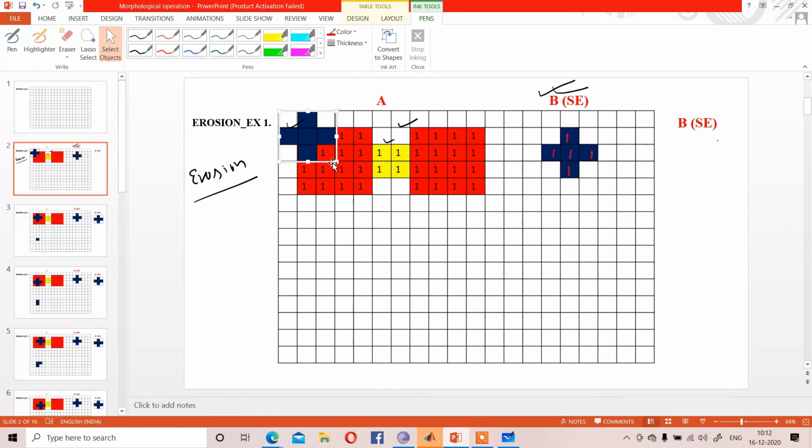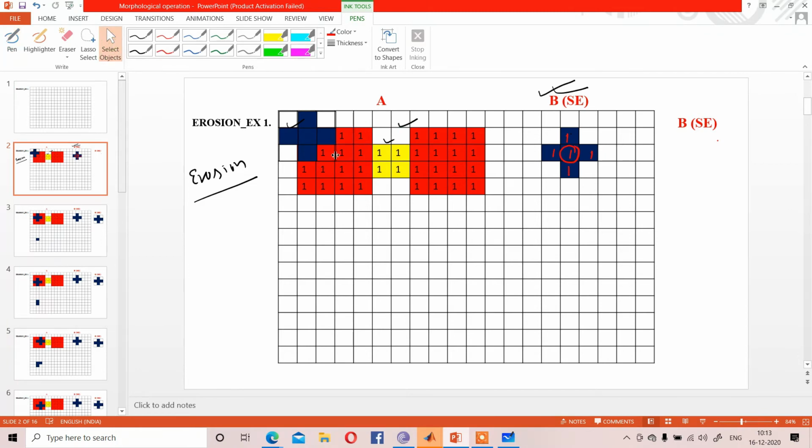If the structuring element completely fits the given image, then the center point of the structuring element will be one valuable data point that will be eroded. Means what?